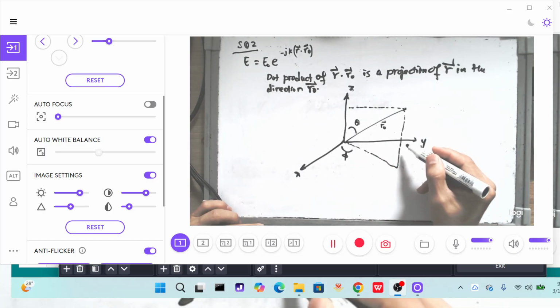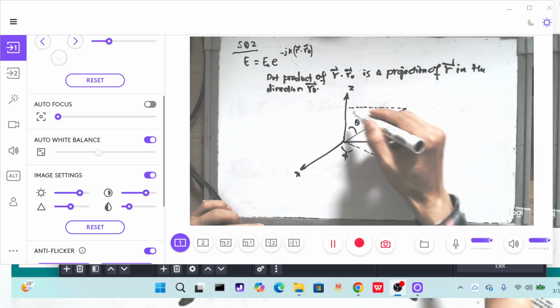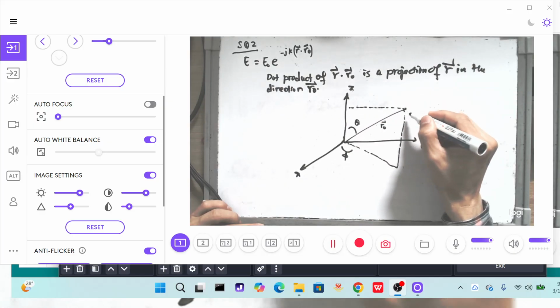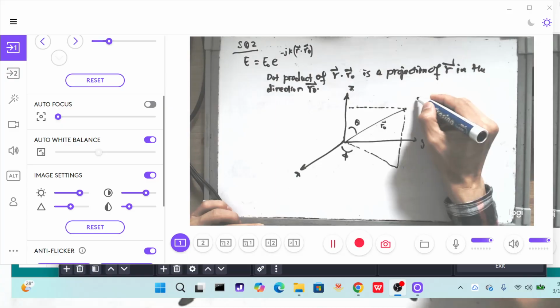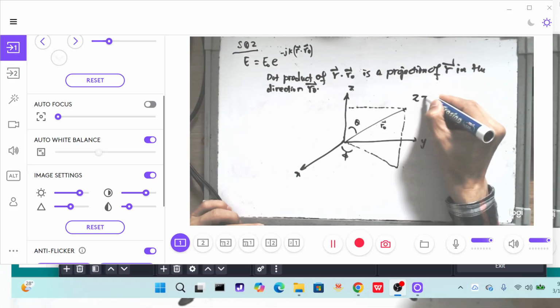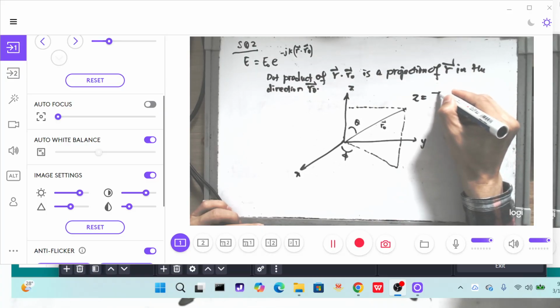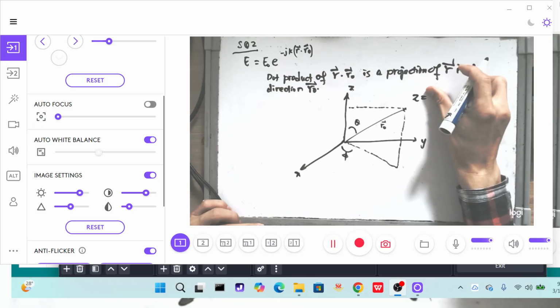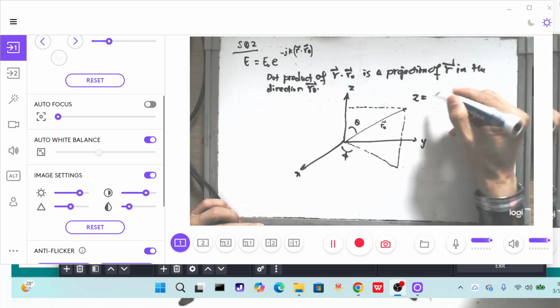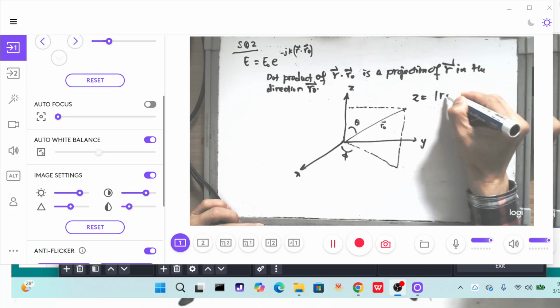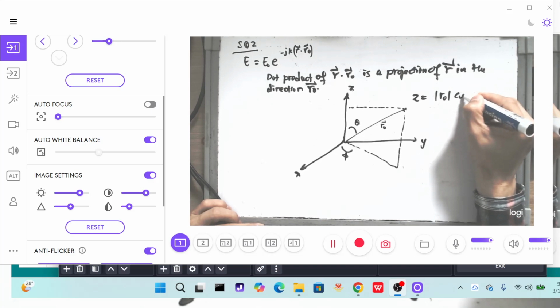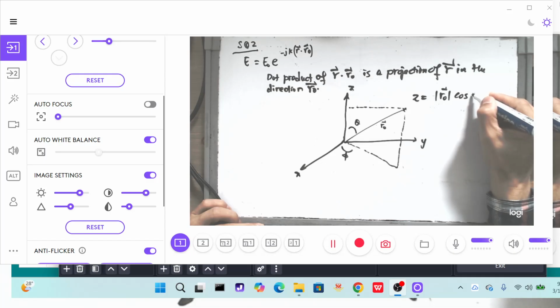So let's take a look here first. The height here, if my understanding is correct, is R naught cosine theta.